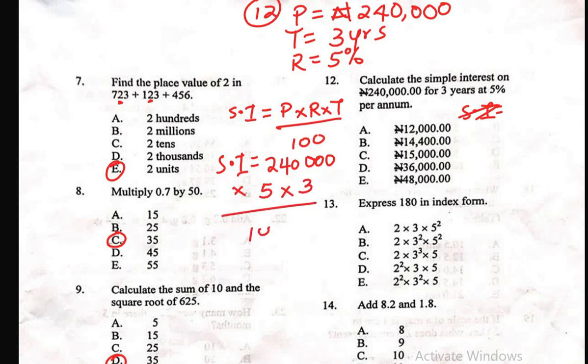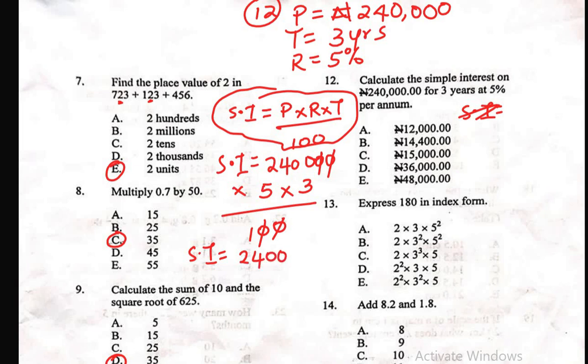Divide everything by 100, according to the formula. So these two zeros cancel these two zeros. Simple interest will be 2400 times 5 times 3. 5 times 3 is 15.